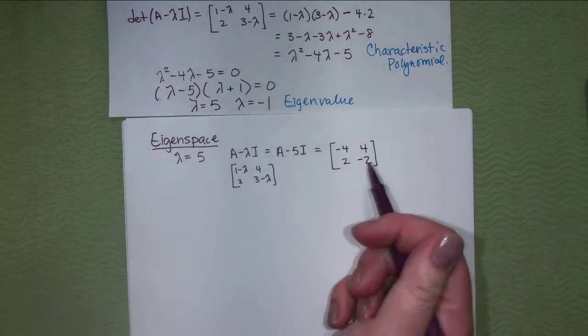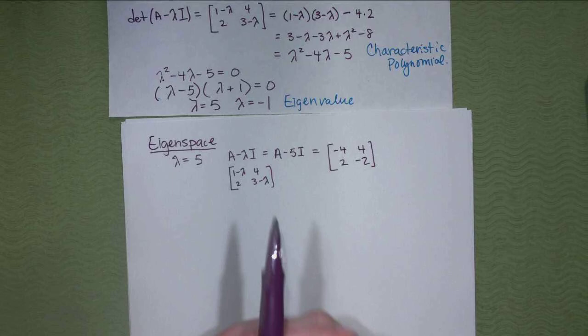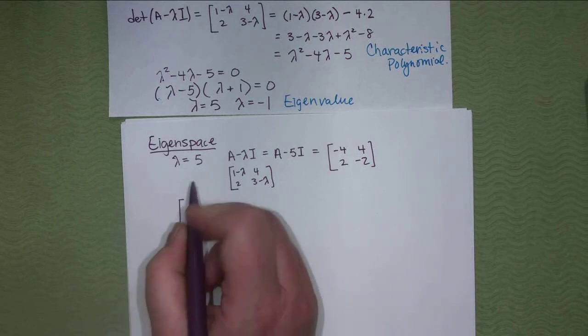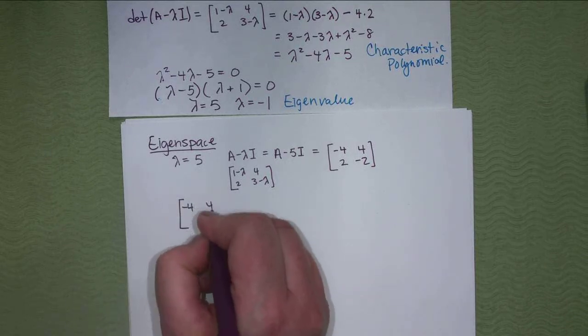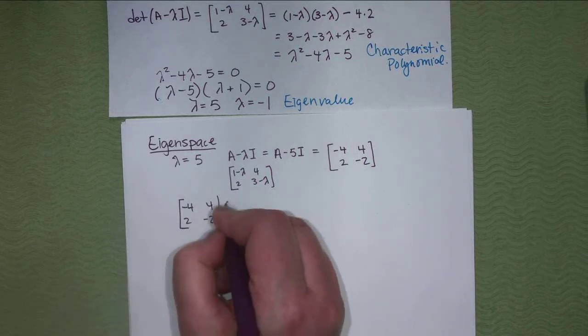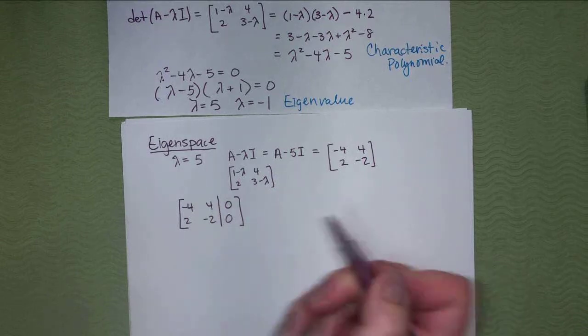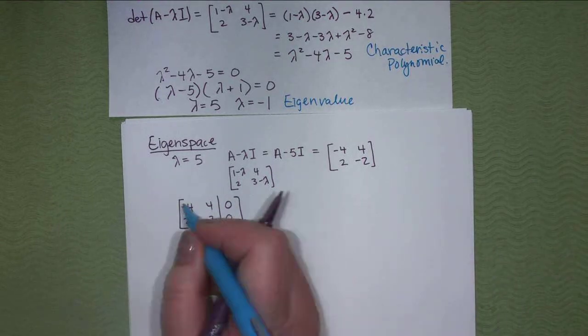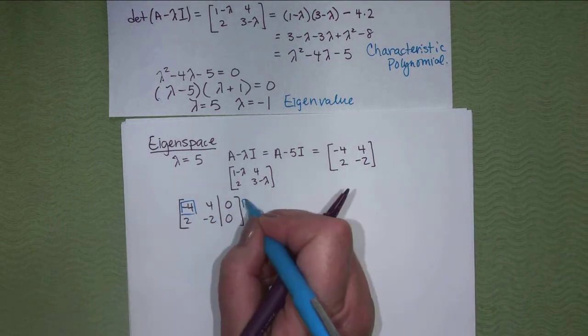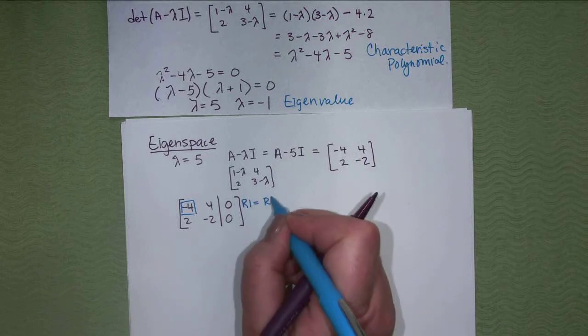Okay, so what do we do with this? We plug the 5 in, then we row reduce. So, to row reduce, make a 1. So, row 1 will be row 1 divided by minus 4.